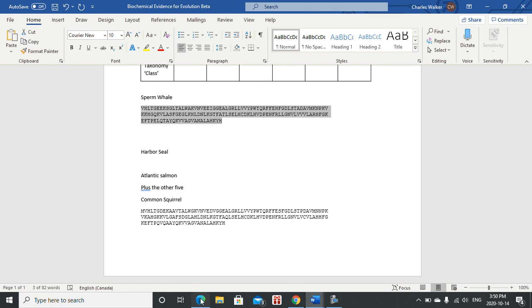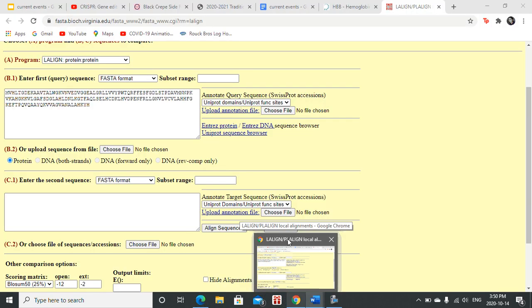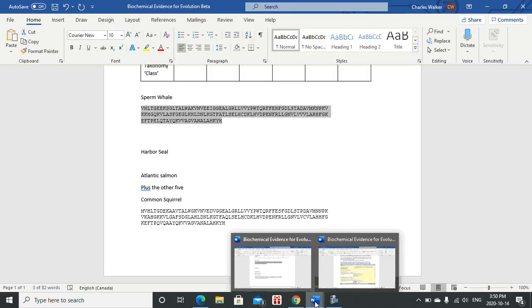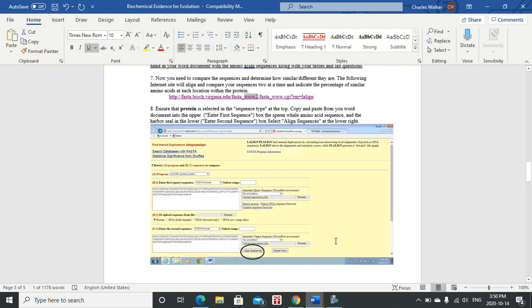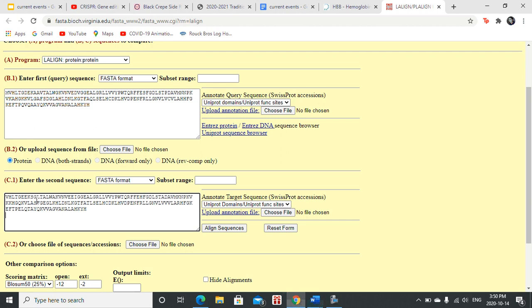Copy it exactly. All right, so these are the 2 I want to compare. Now all I need to do is click on this, Align Sequences, and it's going to automatically do all that work for us.